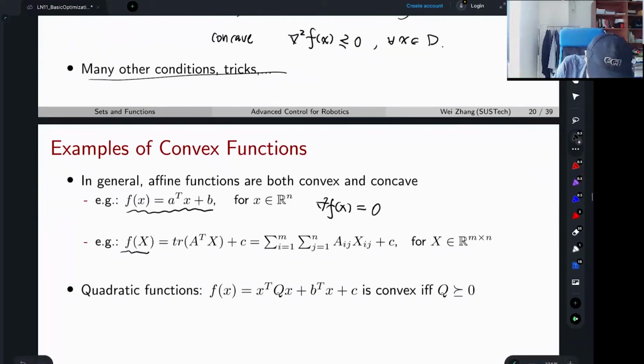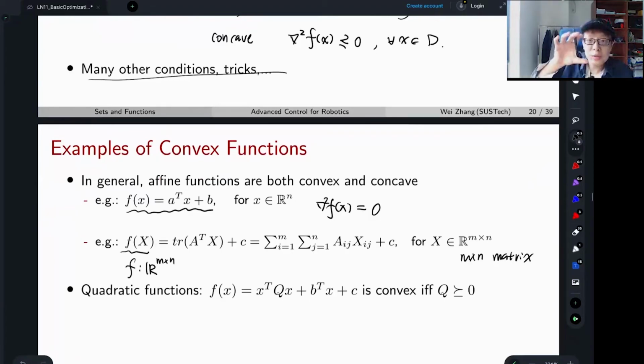For example, this is a function of X, where X is an m by n matrix. It's a matrix variable, so it maps from an m by n matrix space to a scalar. So this is definitely also an affine function of X. You can prove that by the definition of affine or linear.